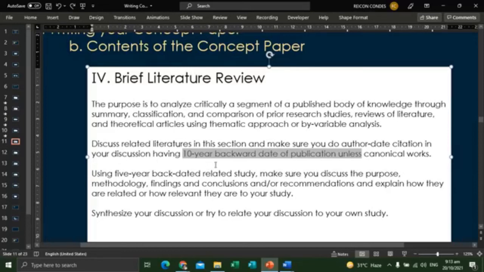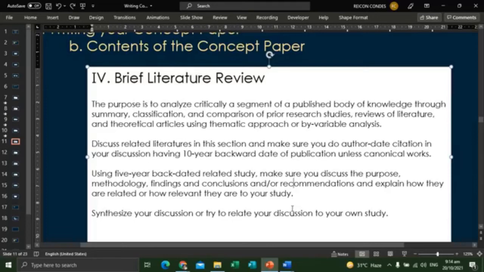So, 2012 for books. While 5-year backward, pag naman mga related studies ang inyong gagamitin. So kung ngayon ay 2021, 2017, 18, 19, 20, 21. 2017. Okay?